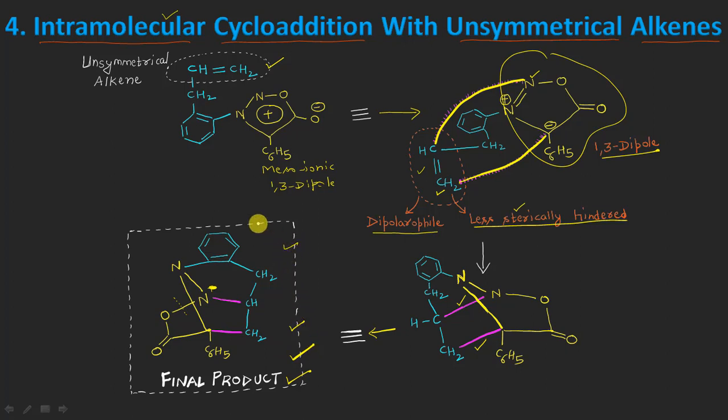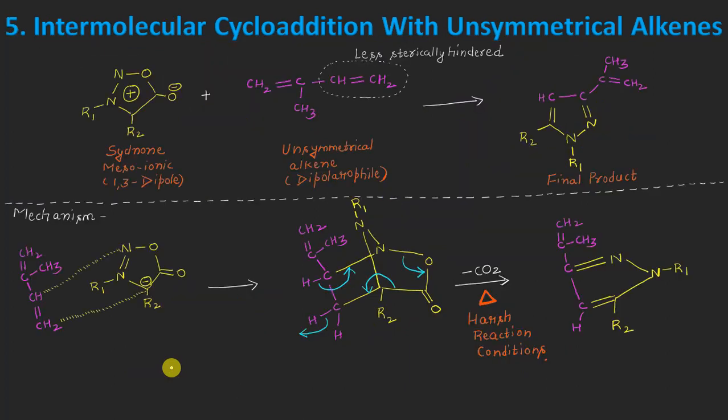So we can say here that if this is the starting molecule, we are getting this as the final product, and whatever I have shown here on this side is the mechanism of this reaction, right? So in this way, the intramolecular cycloaddition reaction with some unsymmetrical alkene present in the same molecule gives this type of final product here, right?